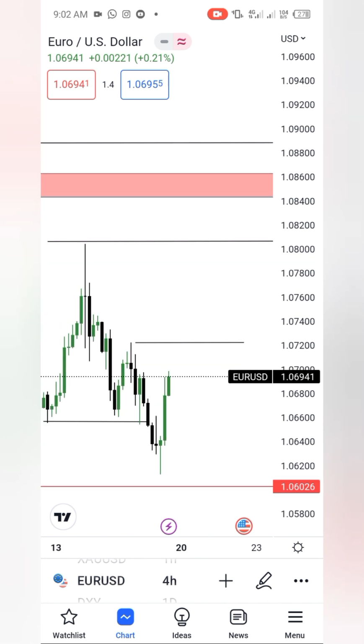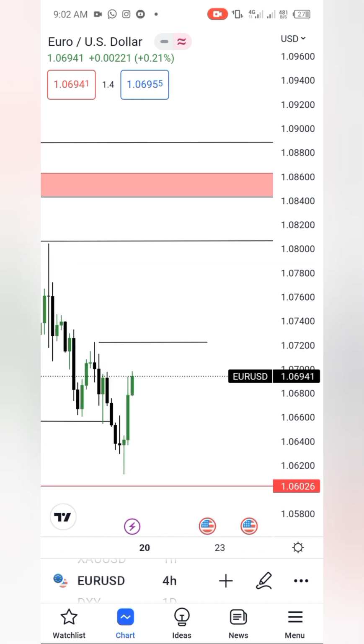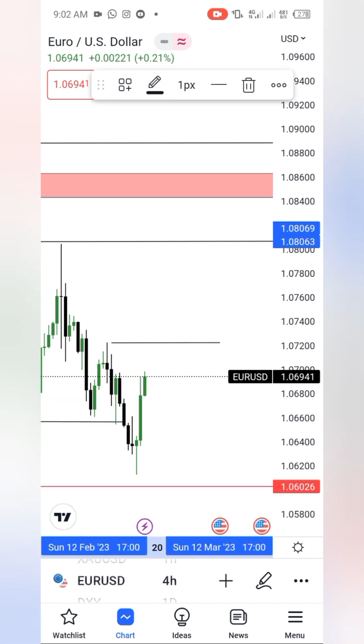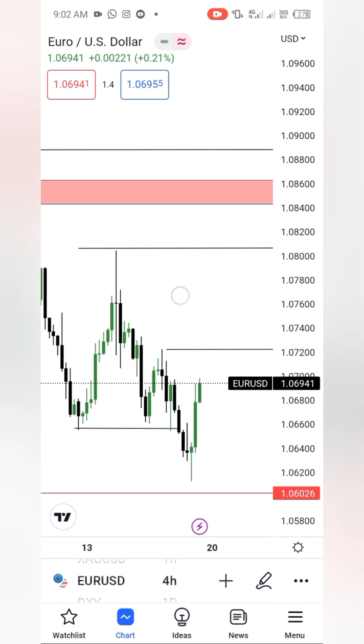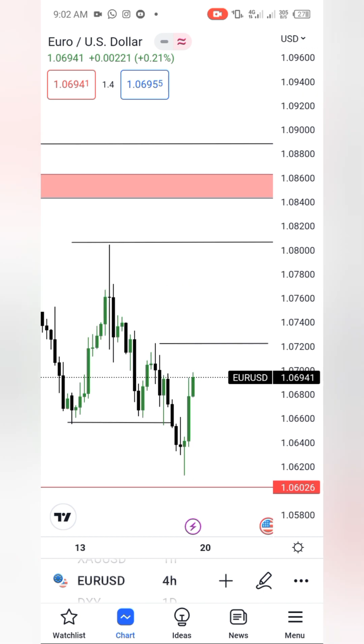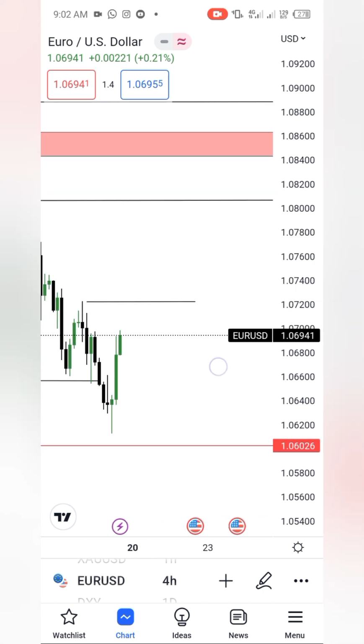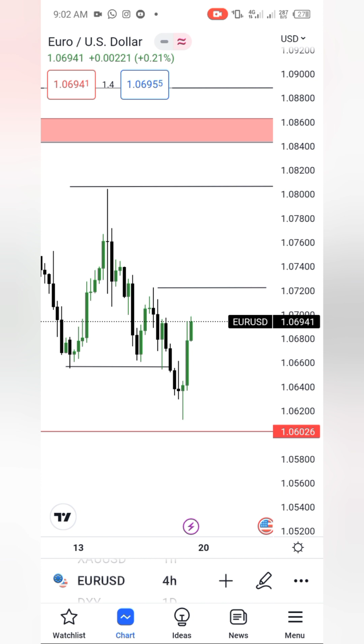That's just because if you watch this buy side liquidity here, it is close to 1.0800, but if you check, you will still see that it's first within the big figure.